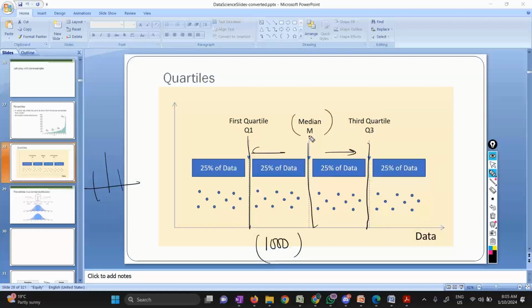Once you have a median value, there's no guarantee that you'll have 50% on either side. But your first division happens around the median. Then, once you have divided, you redivide it again in quarters.